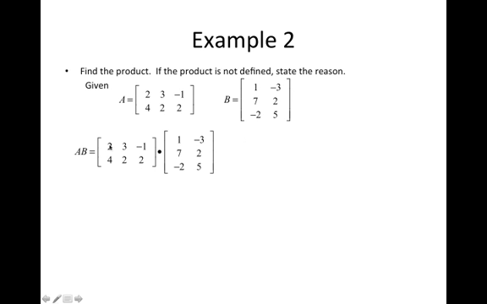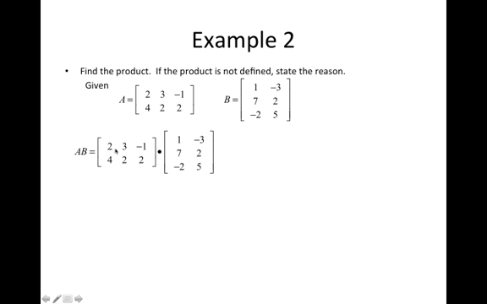Then we're going to do the first row of A times the second column of B, and that'll give us the first row, second column element. Okay, we've run out of columns, so we're going to go down to the second row of A, multiplied by the first column, and then we're going to do the second row of A times the second column of B.